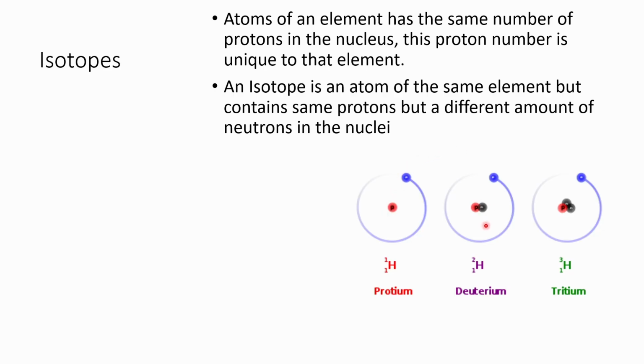Then we have deuterium, which has that additional neutron, and we can see that the mass number has changed from 1 to 2. Third, we have tritium, which has 2 neutrons. So we can see it still has that one proton, but the number of neutrons has changed.